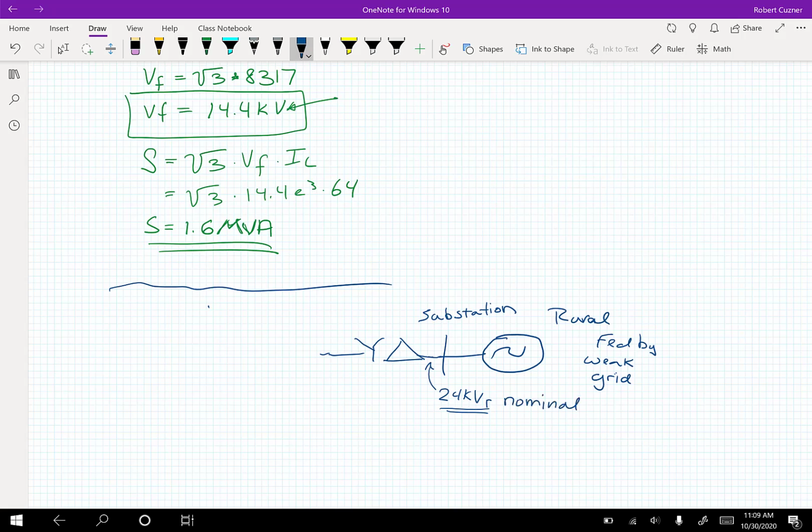That would be the transformer secondary rating. It's probably got something like a 500 kV nominal on the primary. So that's really saying a 500 to 24 ratio. And then you've got a big long transmission line coming at you here.